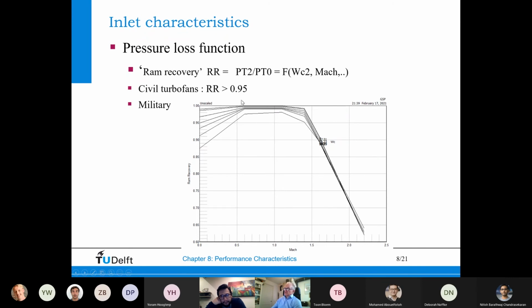A civil turbofan engine runs at max power at takeoff, and then of course also at cruise, you want a high inlet efficiency because of fuel efficiency. But also at takeoff, you want a high efficiency because of the requirement for thrust.